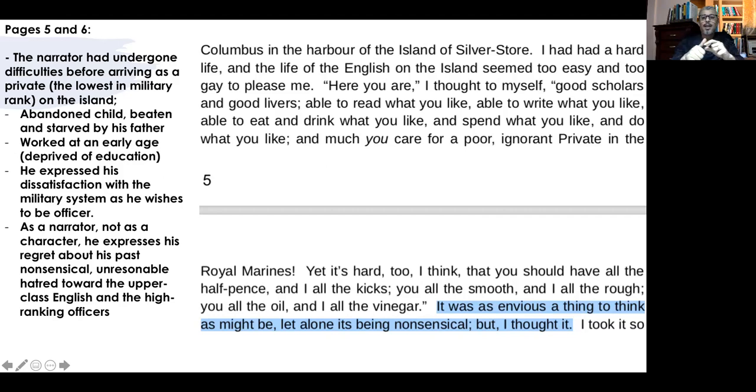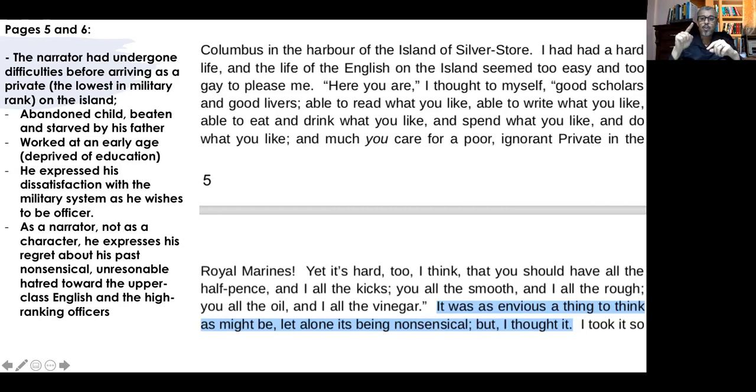What does it mean? In the narrative, he said that he was an abandoned child, beaten and starved by his father, worked at an early age, deprived of education. Child labor at the time deprived a lot of children of their education.